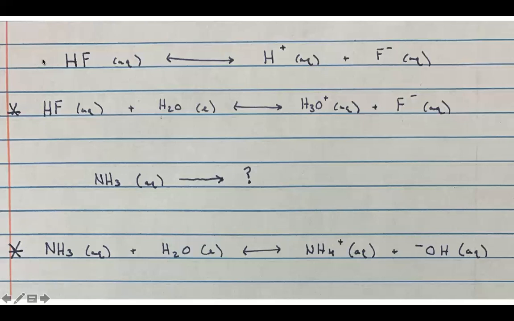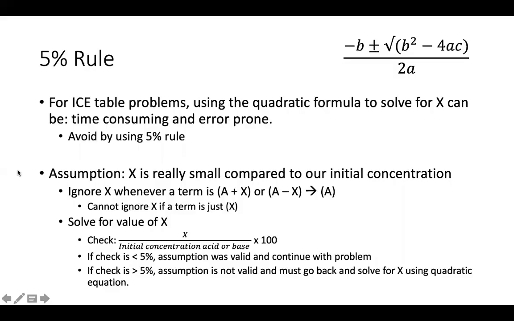So you can write this first equation up here, but again, in terms of style, I'm going to stick with the ones that have stars next to it. But just in case that's something you're wondering about, why do I react HF with water instead of just writing HF goes to its ions? That's the reason why. One equation isn't more right than the other. It's just a style preference.